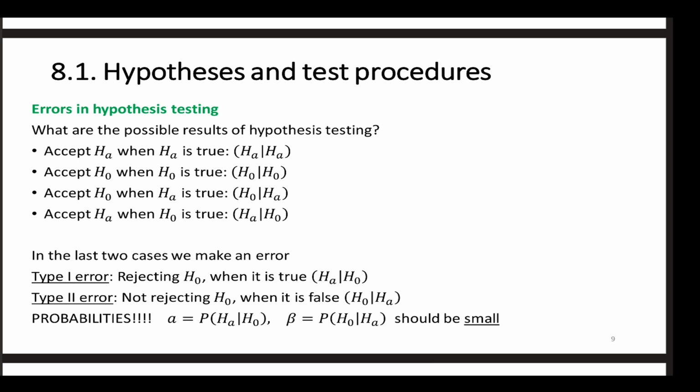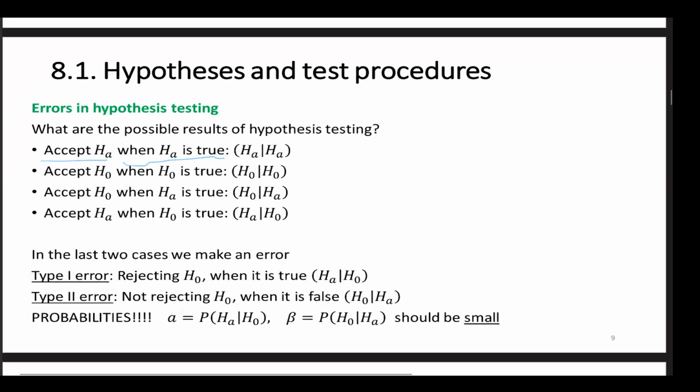So if we get a small probability, then we might say, okay, maybe the null is wrong, but it's actually right. So maybe we accept the alternative when the alternative is true. Well, that's good. This is a good thing.